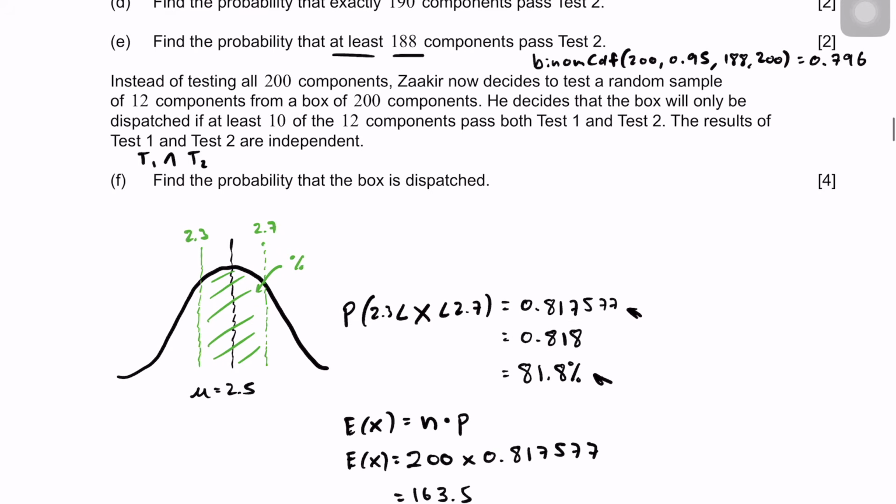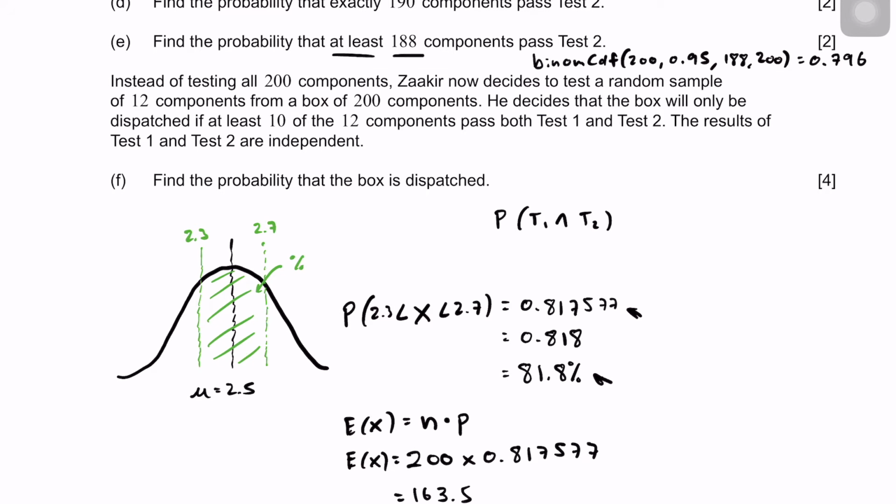So we reach in, grab one of these components, subject it to test 1, 81.8% probability of going on to test 2. After that, only 95% of those that make it past the first will go on and actually pass the final. So in this case, we have two independent events. We still have a compound event, so there's two things happening. And in this case, we have probability of test 1 and test 2.